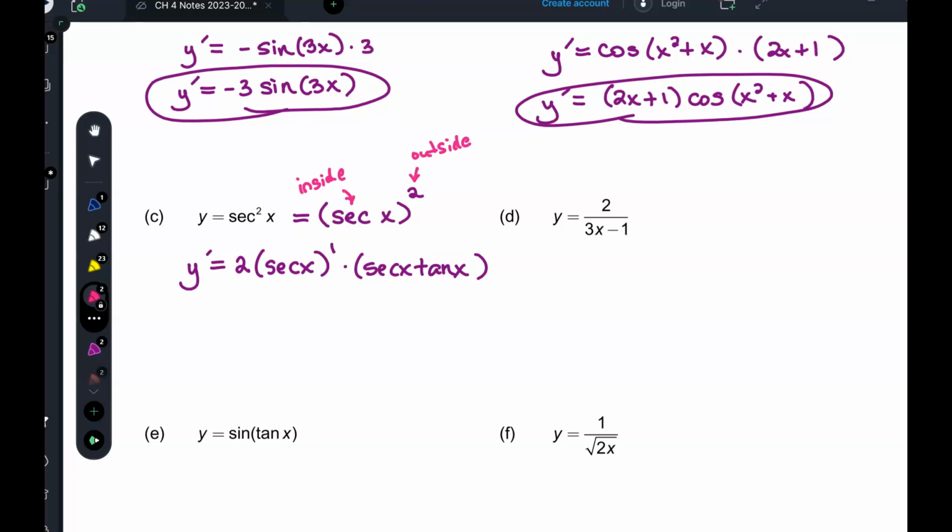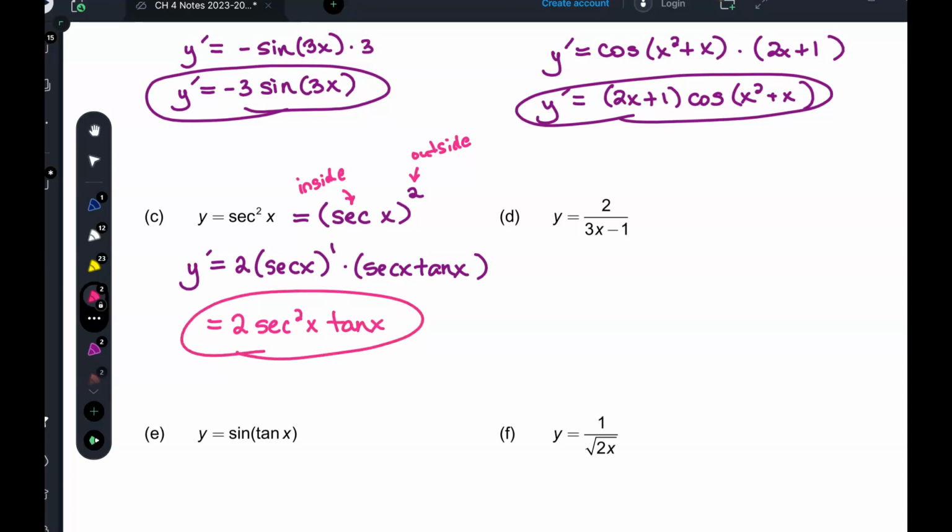So a little opposite of A and B, where the trig function was the outside. Okay, what can we combine here? These are multiplication, so it's just secant times secant, secant squared x tan x. So this will be 2 secant squared x tangent x, and that's all we can do.